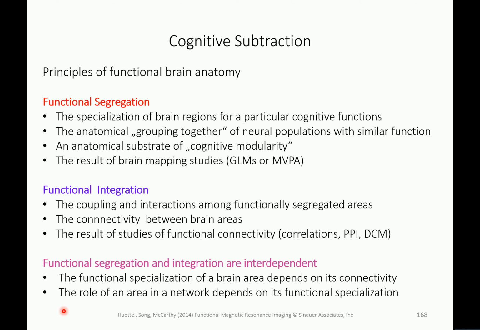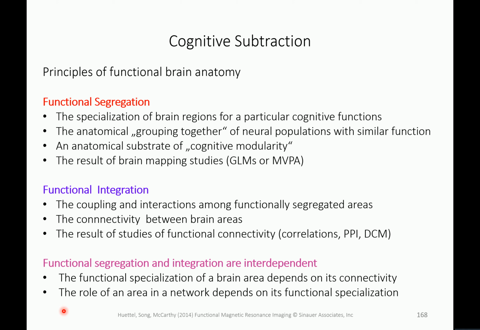So essentially, the role of a neuron in a network depends on its functional specialization. If you have a face selective neuron, then of course what it does in the entire neural network depends on how it's specialized. So one area of the brain exerts its role only in the network.